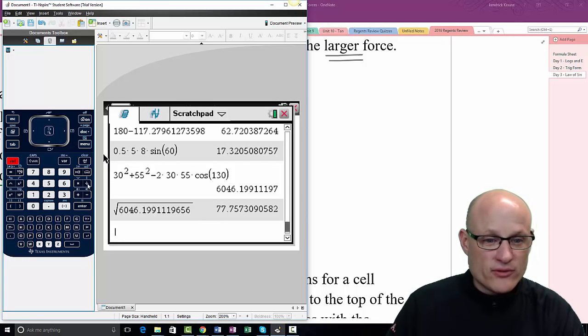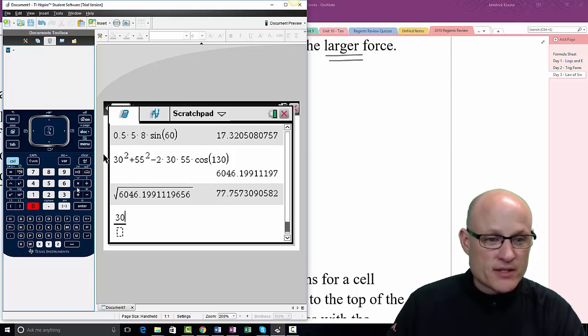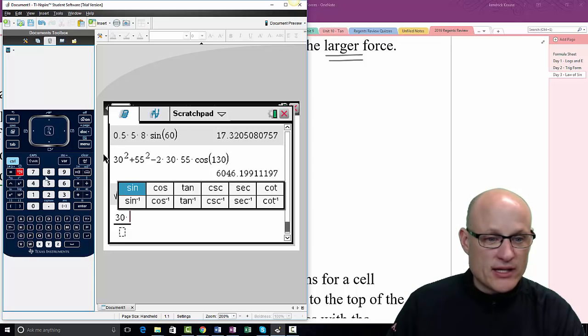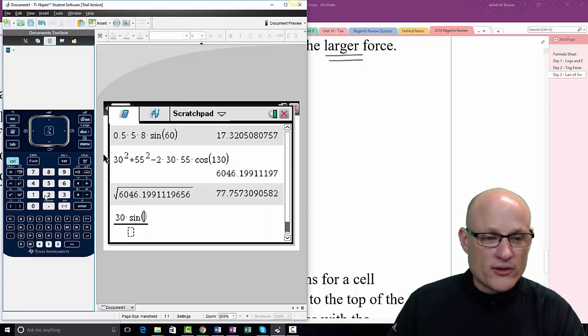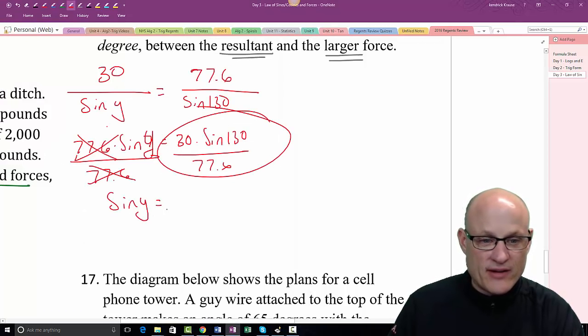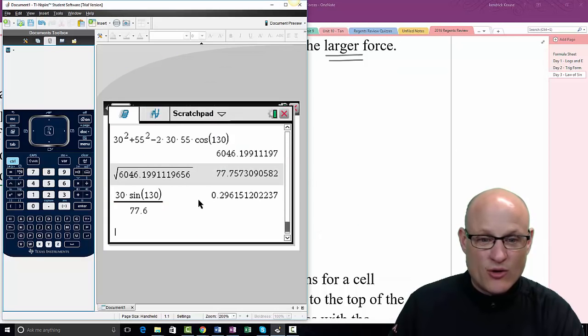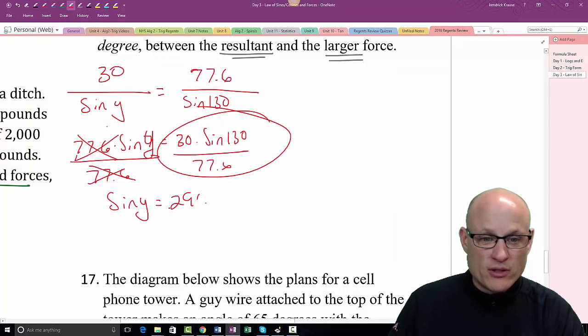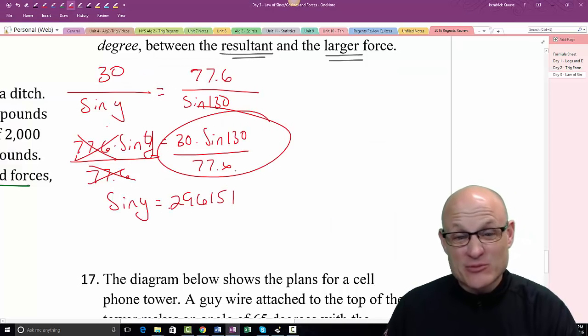So, 30 times the sine of 130 divided by 77.6. We're going to use that angle thing we found. So 0.296151. Now, this is not my answer, so don't round. At least 6 decimal places.